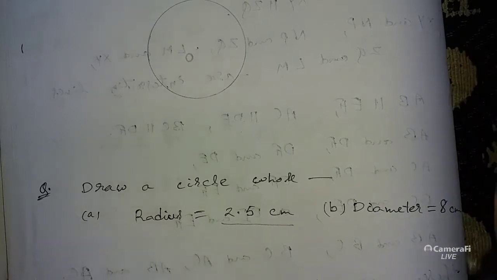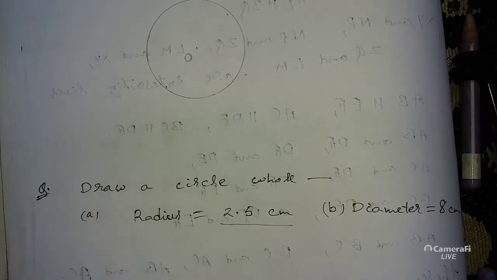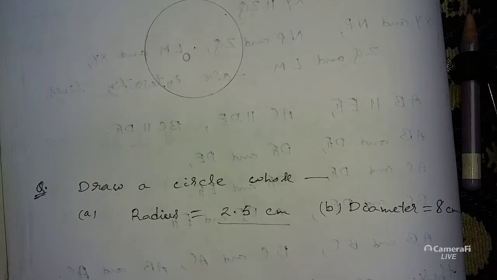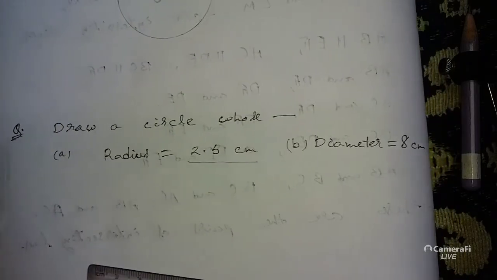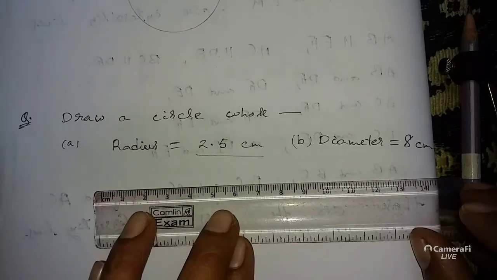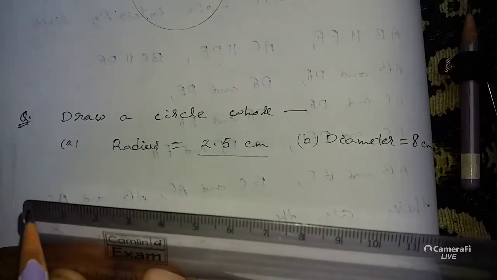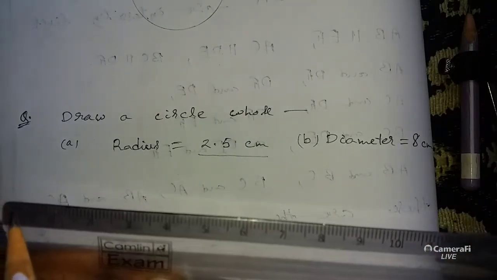Okay. So, to draw a circle whose radius is 2.5, we will first draw a line segment of 2.5. Let us draw a line segment of 2.5. This is the 0 level.